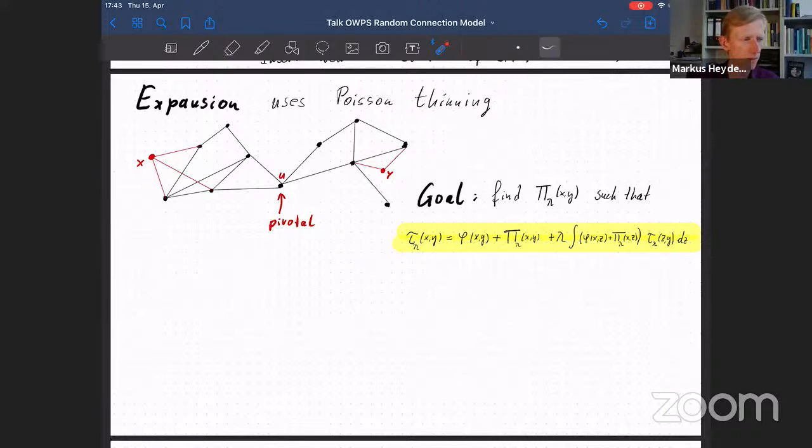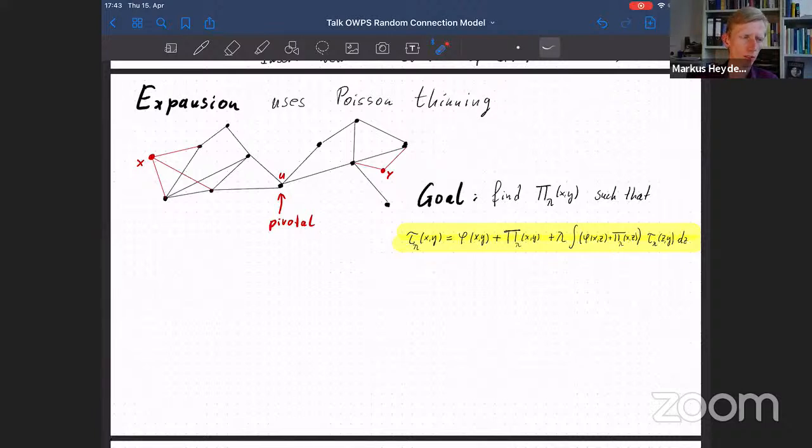such as this one. And this point in the middle here is what we call a pivotal point. Why is it pivotal? It is pivotal because if you would remove that point, then the connection between x and y would be broken. These pivotal points play an important role.